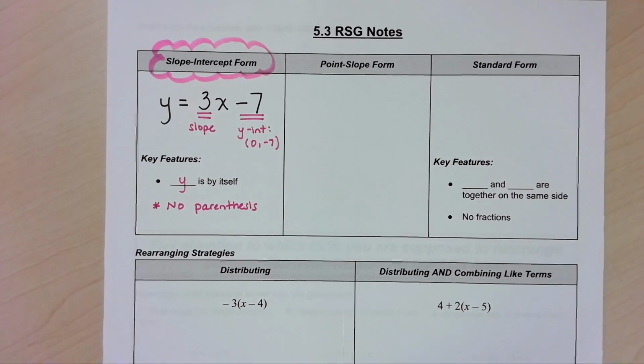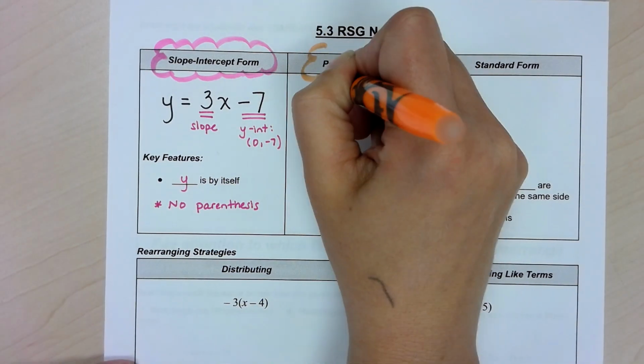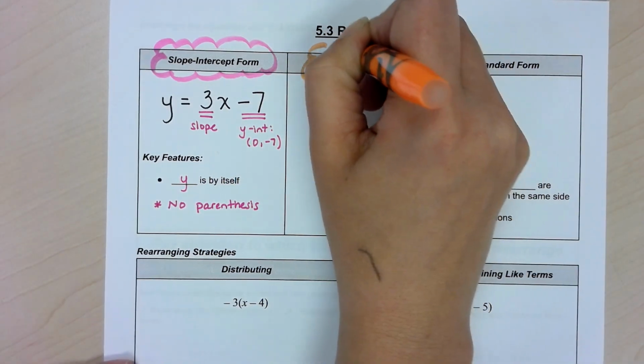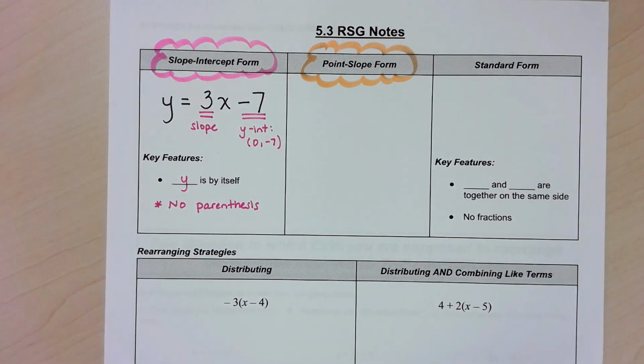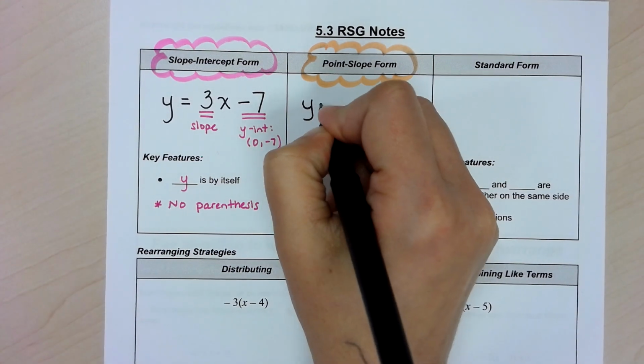The second type of equation of a line that we've learned about this year is point-slope form. Now, point-slope form of an equation of a line is the name that we give to an equation that looks like this.